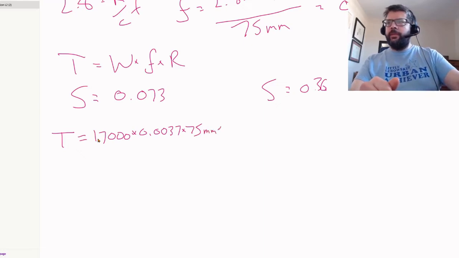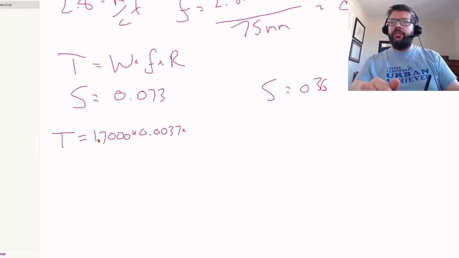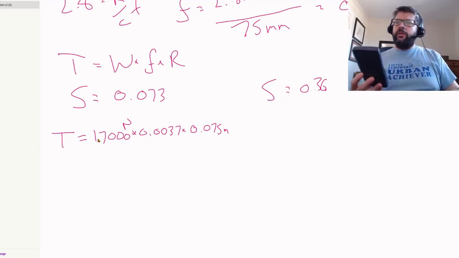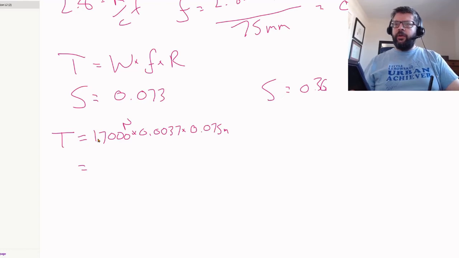Actually, let's put that not in millimeters, let's put that in meters, 0.075 meters. I forgot to put the newtons on there. So 17,000 times 0.0073 times 0.075 meters. That gives us a torque caused by the friction of 4.7 Newton meters.